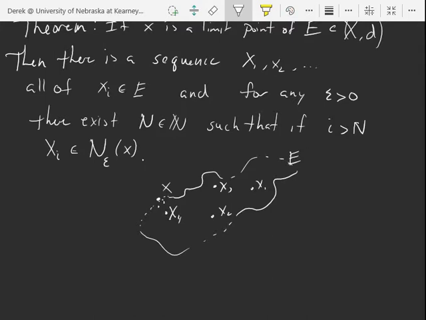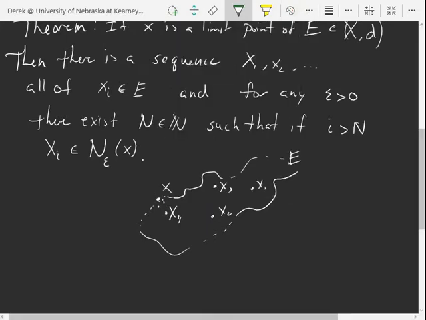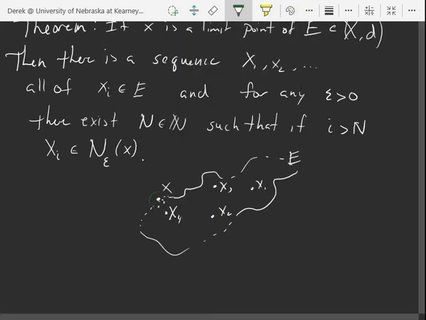I mean, x3 might be closer than x2 is, x2 might be closer than x3 is, I don't know, but what eventually happens is if I'm given any epsilon, if I draw an epsilon neighborhood around x, I can go far enough out in the sequence. If I go out to n in the sequence, xi is in this circle if i is bigger than n.